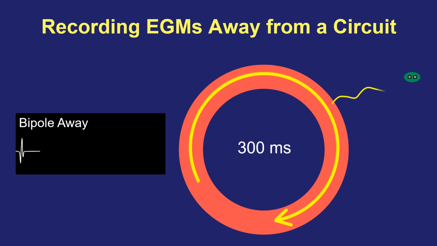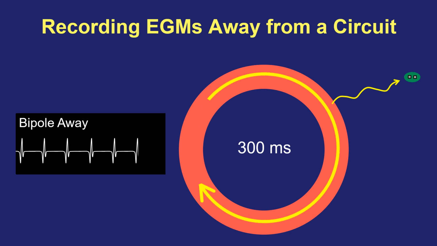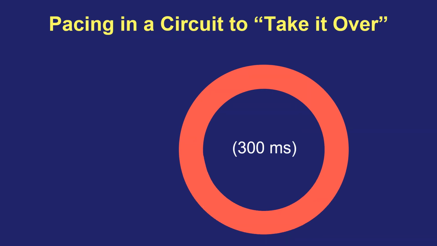And that will happen over and over again at the cycle length of the tachycardia. So again, of course, even though you're recording in a site away from the circuit, your electrogram spacing will continue to be 300 milliseconds. So of course, recording electrograms alone will not tell you whether you are in a circuit or away from it.